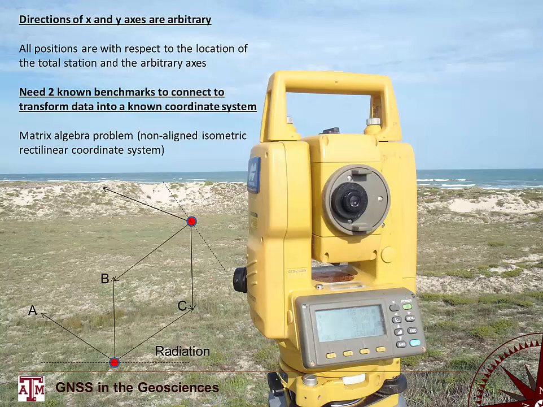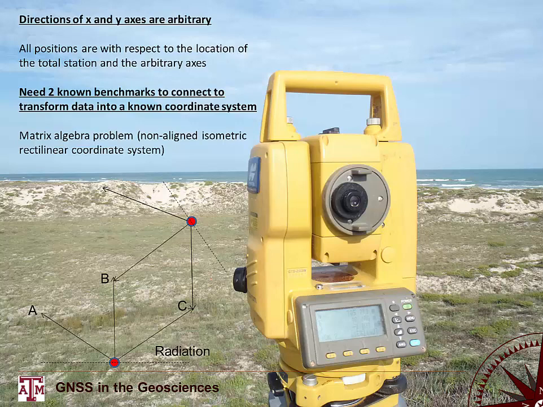It's also important to note that this is only the case for simpler total station units. Some newer units actually have integrated compasses and/or GPS receivers. If it has a GPS receiver and/or compass, that can enable the total station to orient its axes to the north, south, or some other predefined direction.